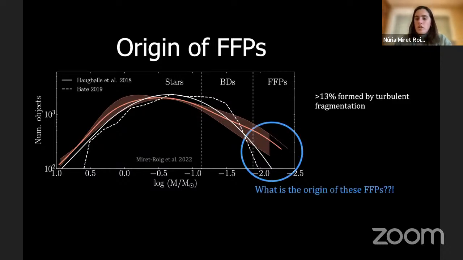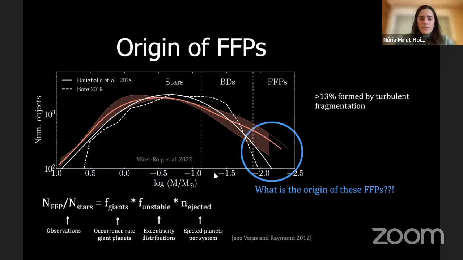So what is the origin of all these very low-mass free-floating planets? Well, then we have to look into the other scenario, where free-floating planets can form similar to exoplanets that later are ejected from the planetary system.